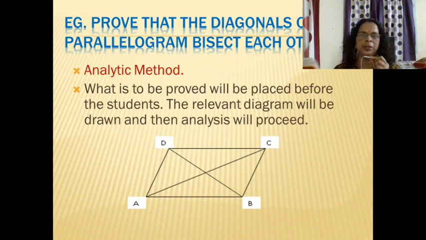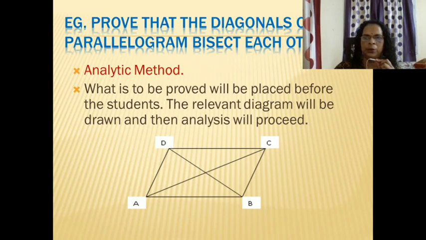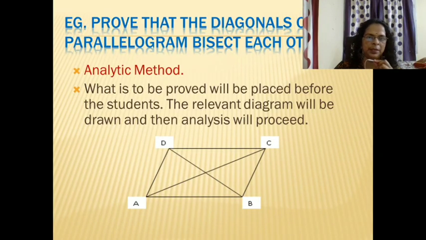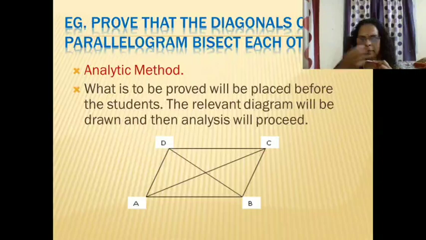So according to the question, here we have drawn parallelogram ABCD and the diagonals AC and BD. After drawing the figure only you have to start. So instead of saying we have a problem, let us suppose that ABCD is a parallelogram, then you have to prove that the diagonals bisect each other.